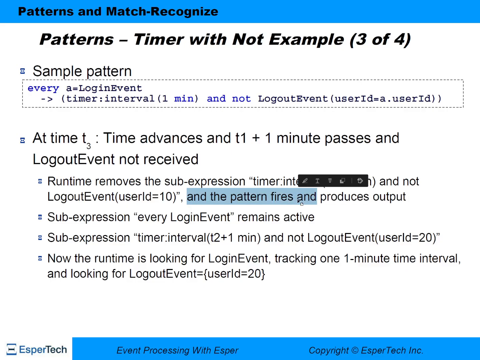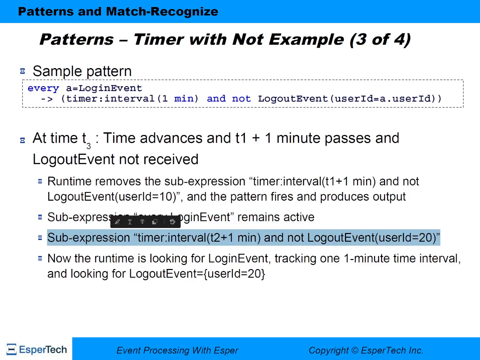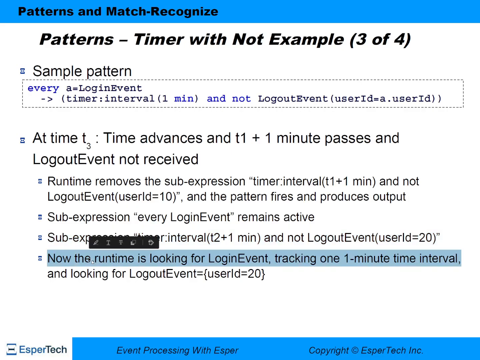The runtime has now only two sub-expressions active: the sub-expression every login event, and the sub-expression timer interval t2 plus 1 minute and not logout event for user 20. Now the runtime is looking for more login events. It is tracking one 1-minute time interval, and it is also looking for a logout event for user 20.